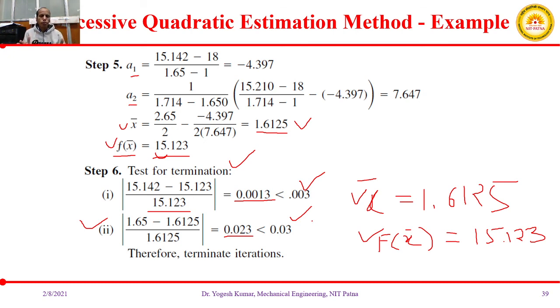If these termination conditions are not given, then we will test by default that the difference between these functions as well as the difference between x bar and the x minimum value should be very small. Okay, so in that case only we will terminate this algorithm, which is called the successive quadratic estimation algorithm.